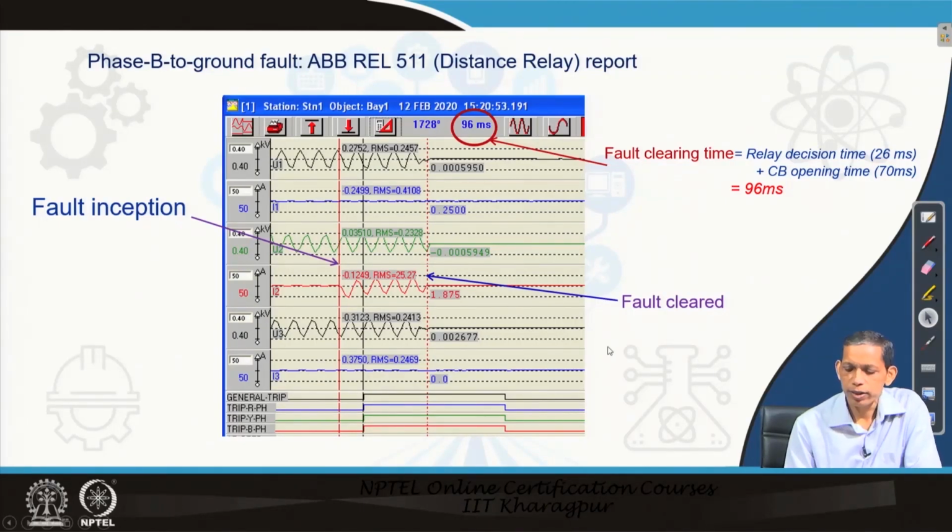We see that in this case the fault clearing time is controlled by the relay decision time and the circuit breaker opening time. Circuit breaker gives us physical isolation, a mechanical functioning actuated by the relay. That takes 2-3 cycles and the rest period, in general, is taken by the relay decision time.